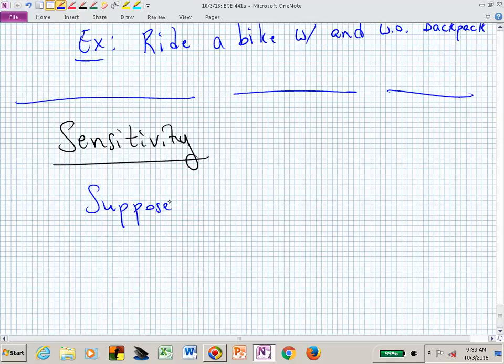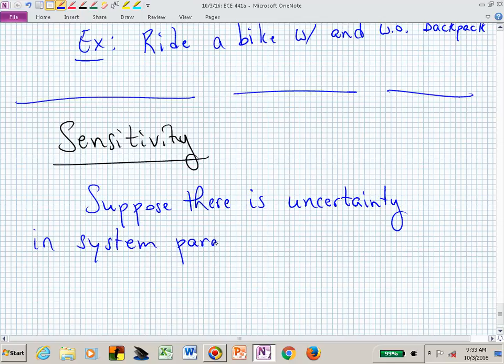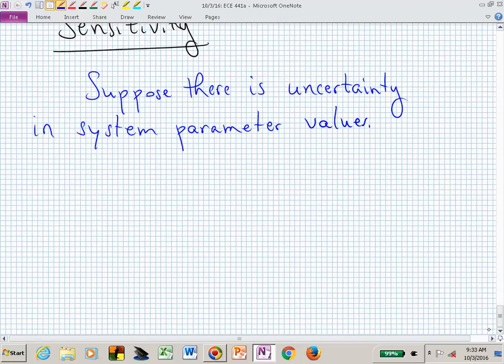Suppose there is uncertainty in system parameters, or system parameter values. What we're going to do in lab number 2 is actually try to make the system behave the same, whether it's your system or your neighbor's system or someone else's system.